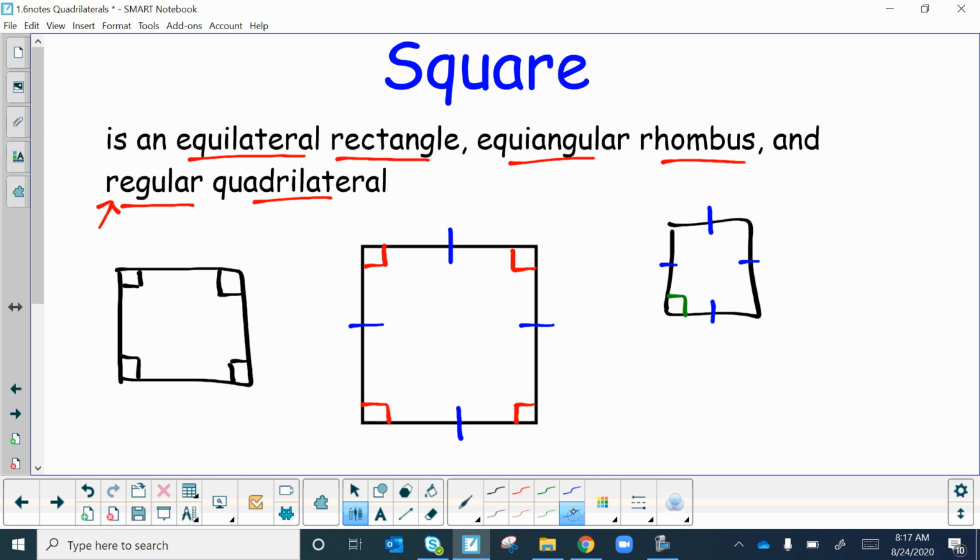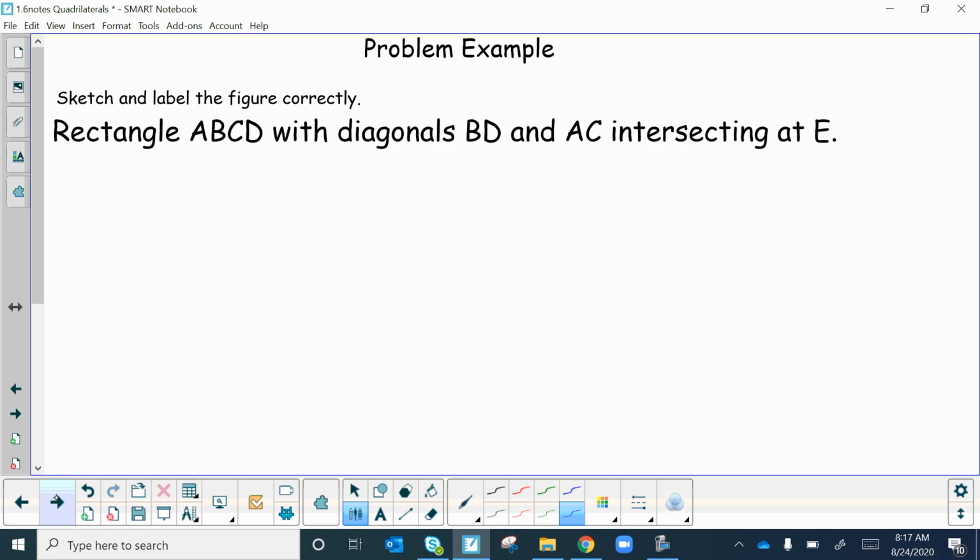So you have to still put all 4 sides being congruent. But over here, this one, square number 3, that's the minimum number of markings that you need. I just wanted to touch up on what the minimum markings are that you need.